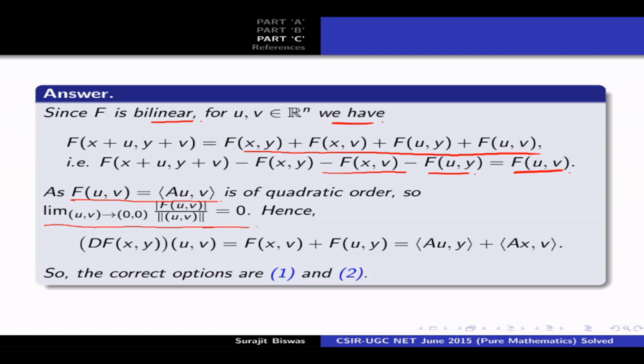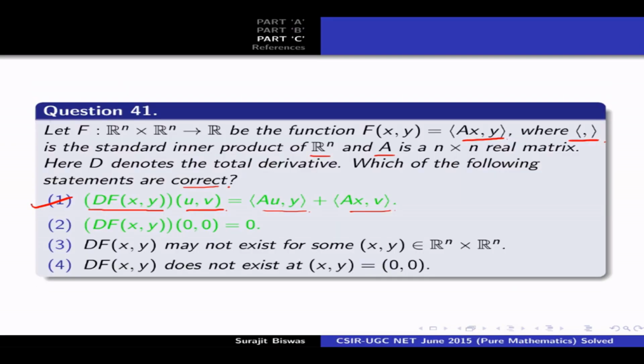If you take the norm on the left hand side and divide by the norm of (u,v), the right hand side limit goes to 0, and therefore by the definition of total derivative, Df(x,y)(u,v) is f(x,v) plus f(u,y), that is ⟨Au, y⟩ plus ⟨Ax, v⟩. So option 1 is correct.